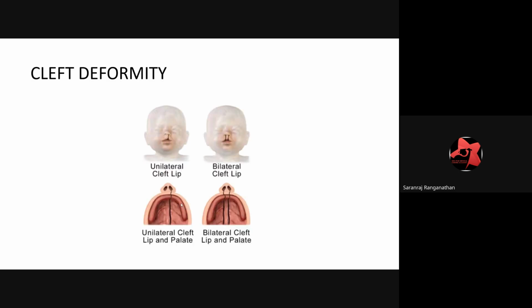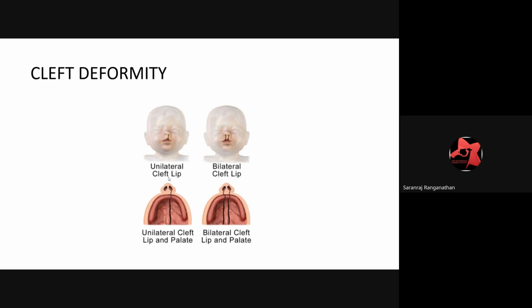Then, coming to the lip, some congenital abnormalities will be there. For example, this cleft deformity. By birth, they will get this abnormality. So based on that, we will do the procedures after delivery for the newborn. They will do the procedure to correct this cleft palate.